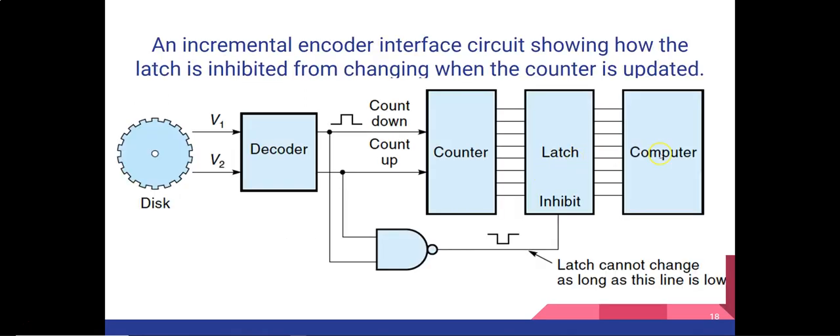Now next is interfacing the computer with the counter and the decoder. There is a special problem which comes when passing the data to the computer from a counter. You see this counter, this will receive the real world event from this decoder, and that data is not synchronized with the computer. For example, when the computer requests the position data while the counter is changing, in that situation the computer might get the wrong data.